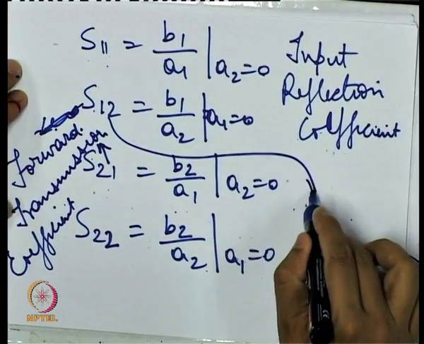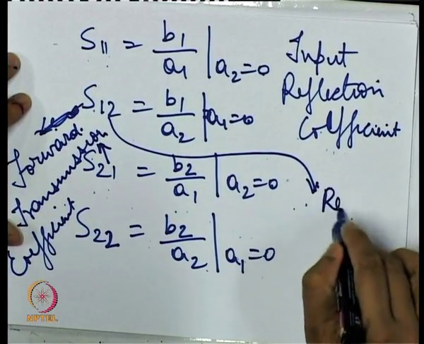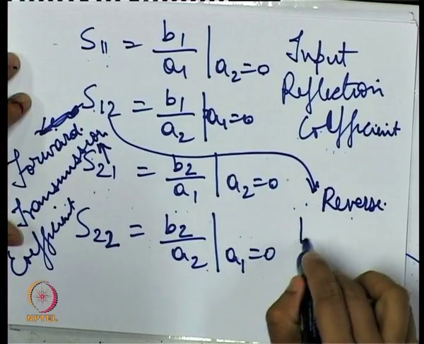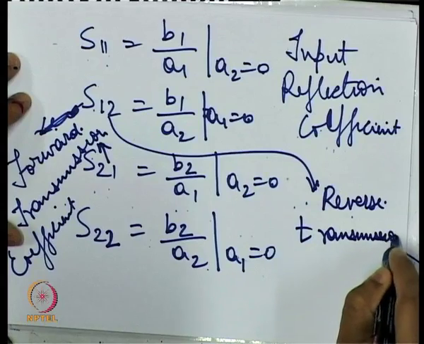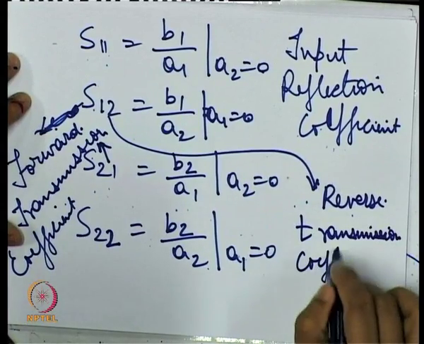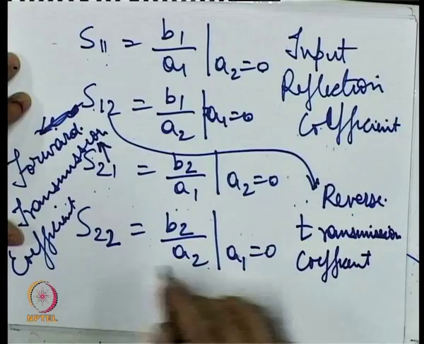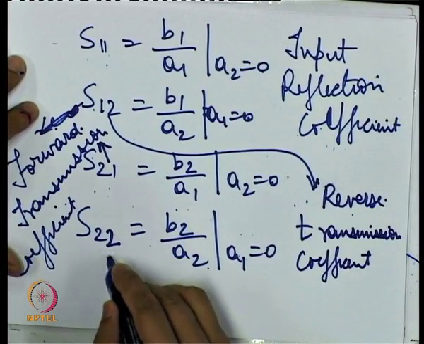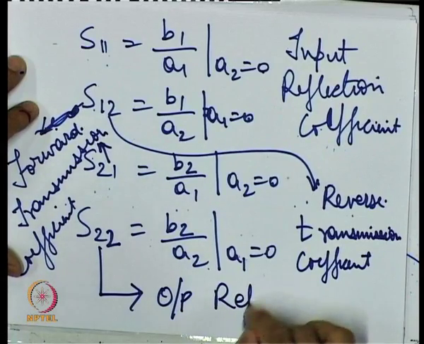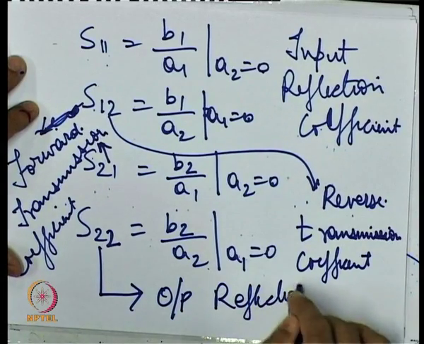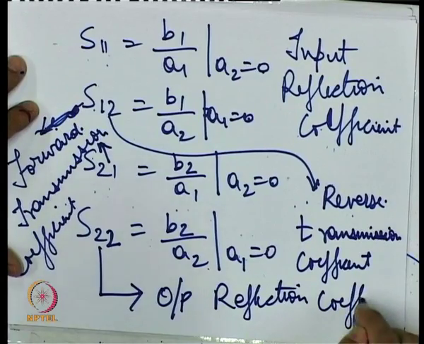S12 is known as the reverse transmission coefficient. And S22 is known as the output reflection coefficient.